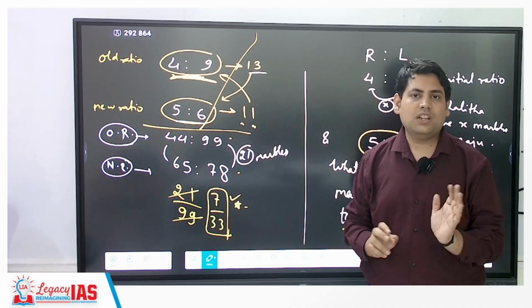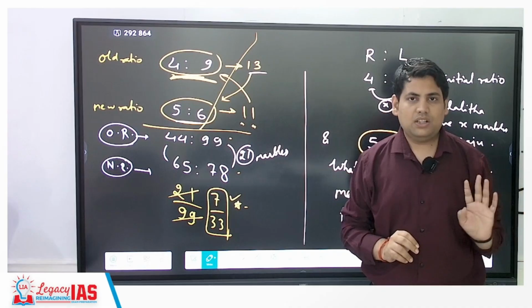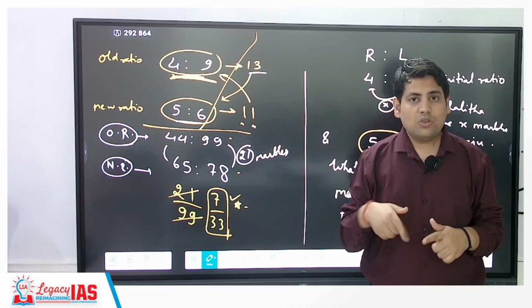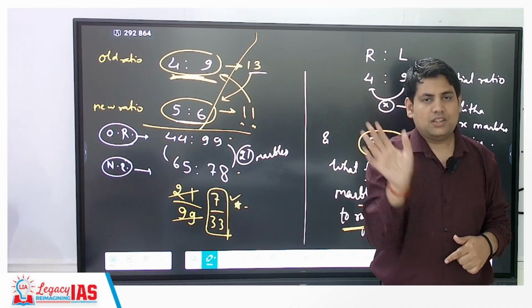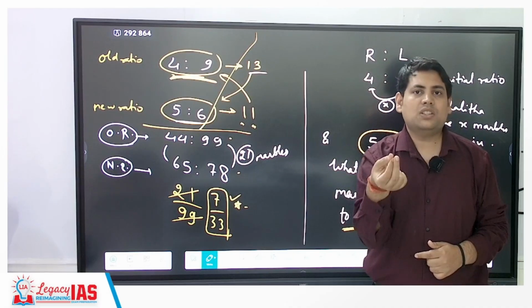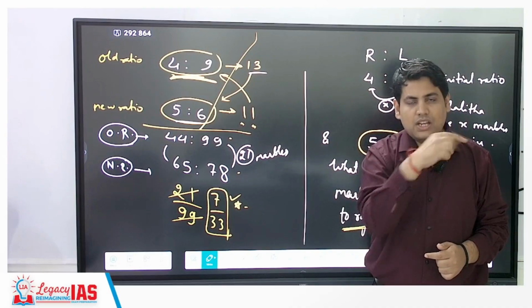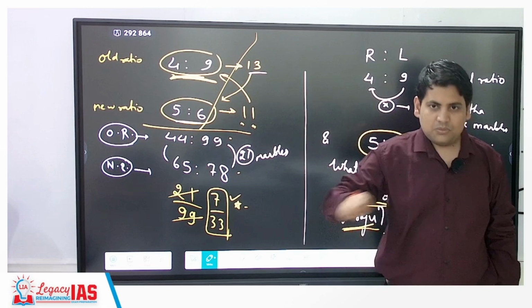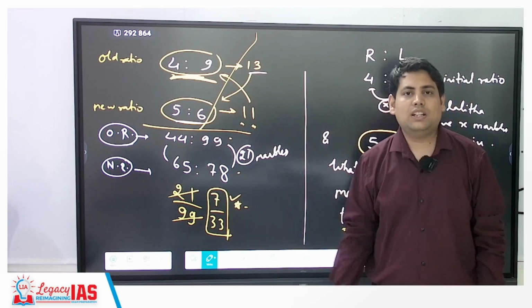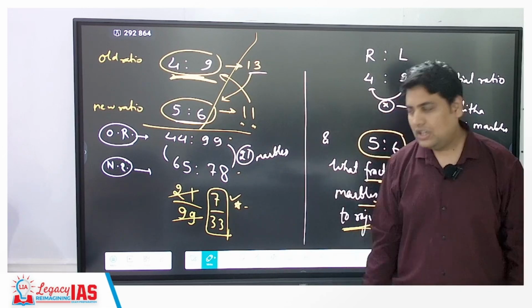Then you equate it. In the third one, you understand that the transaction is between one part and the other, that is, the sum total of the system is still the same. So you equate the sum total in the first ratio and the sum total in the second ratio. Understood? These are all three parts.